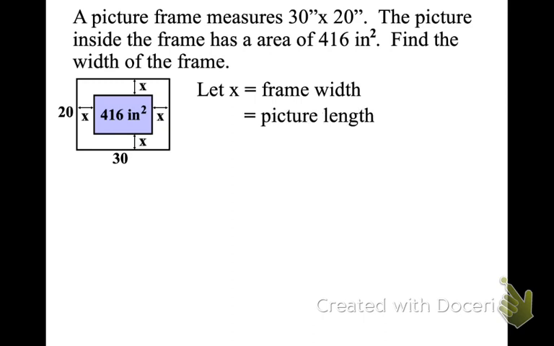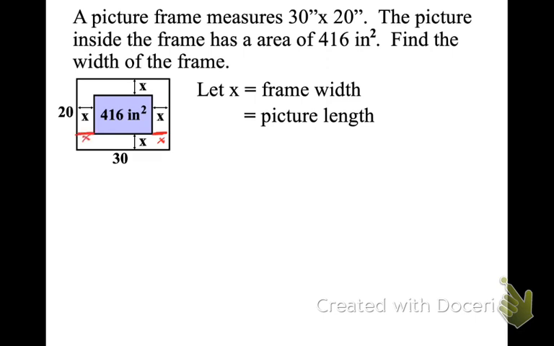So the picture's length, the actual picture that's inside, we don't know the length, but what we do know is that the frame's length is 30, and we have a measurement right here. From here to here is x, and from here to here is x.